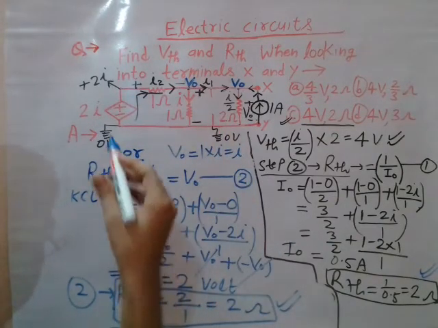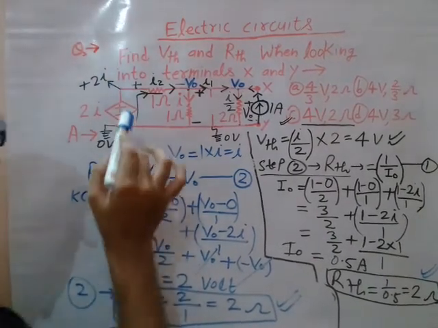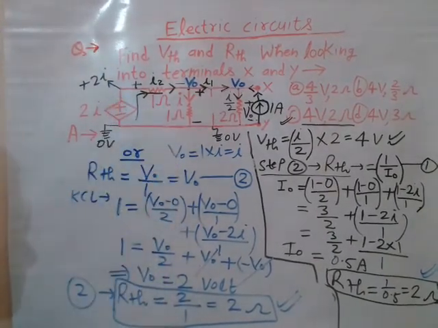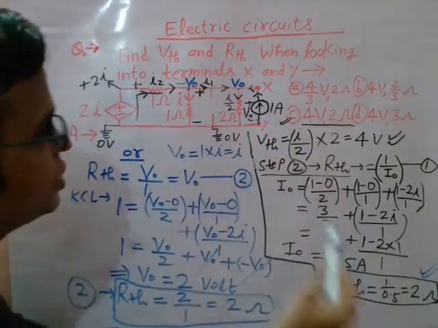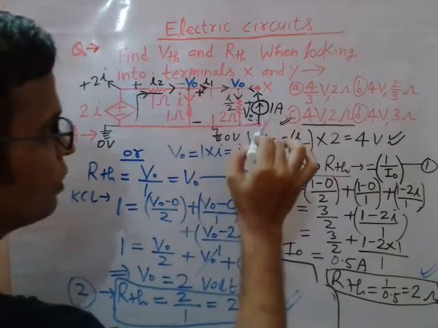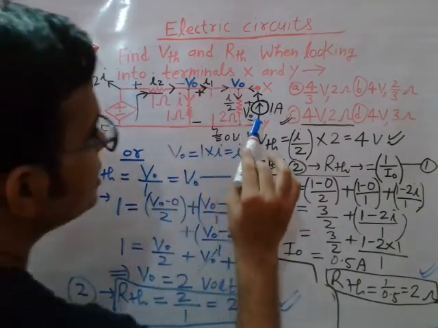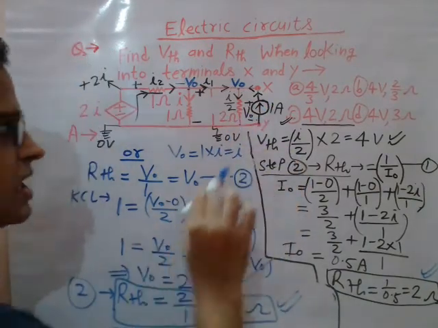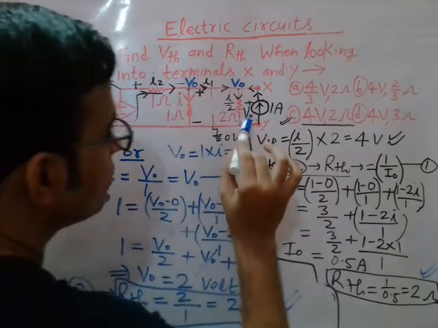By series parallel combination, you deactivate all the independent sources and then you calculate. But since in this particular question the dependent source is present, and I told you that a dependent source cannot be deactivated, that's why you calculate RTH by connecting a test voltage source or test current source. For simplicity, if you are choosing a test current source, then assume its value is 1 ampere with a voltage drop V0 across it.